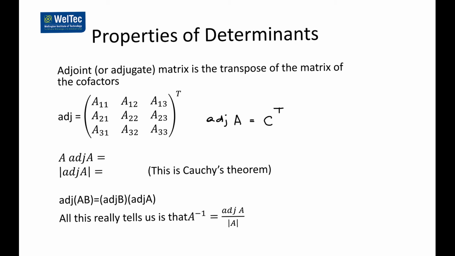It tells us A times adj A is equal to the determinant of A times the identity, and the determinant of adj A is equal to the determinant to the power of n minus 1, and the adjoint of AB is equal to the adjoint of B times the adjoint of A. So really this is the important thing here. This is the crux of the matter. It's a way of finding the inverse of a matrix, and we'll do an example of that in class too.